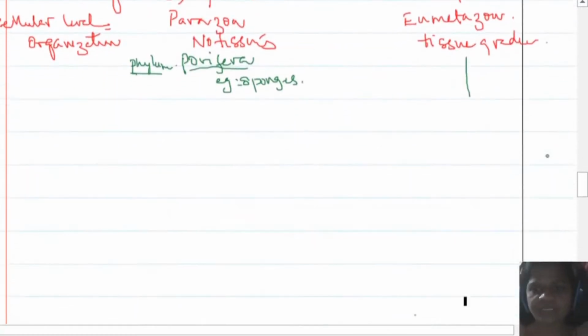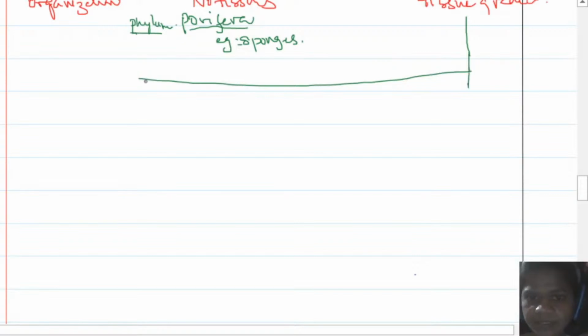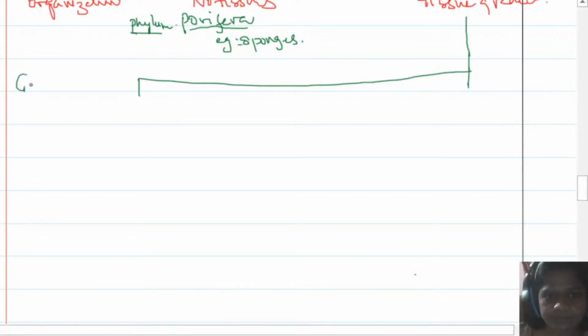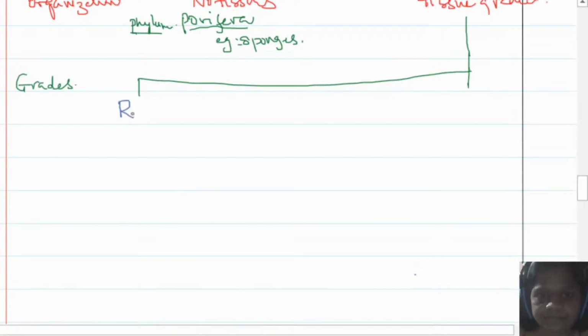What do we see in Eumetazoa? Eumetazoa also has two grades. One is Radiata, the other one is Bilateria. Before, it was the cellular level of organization.